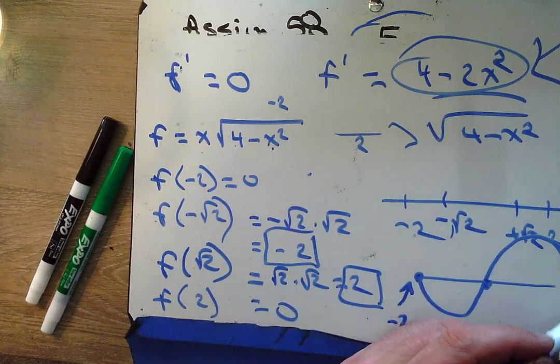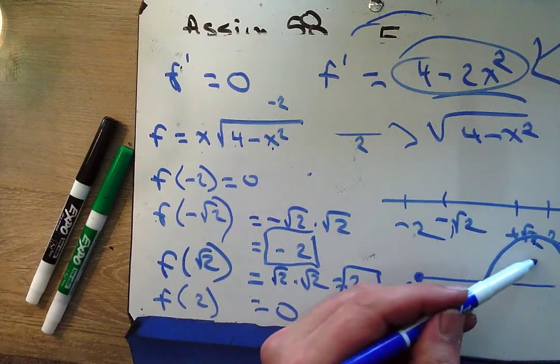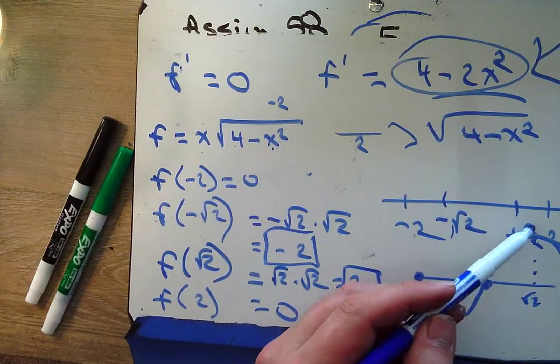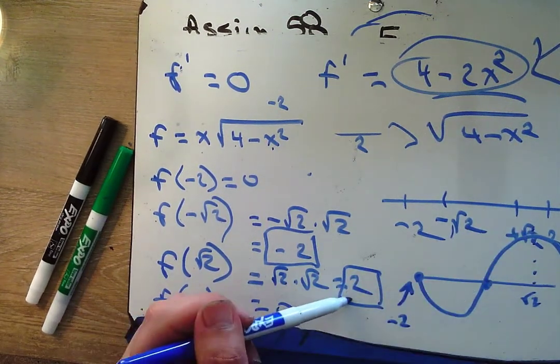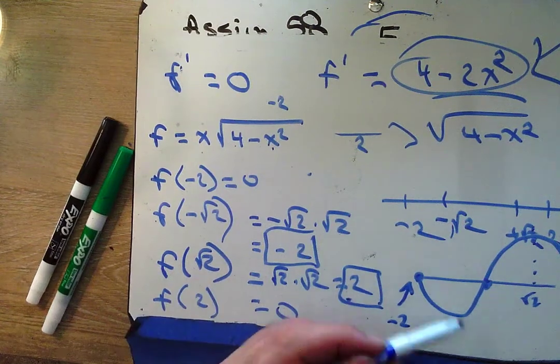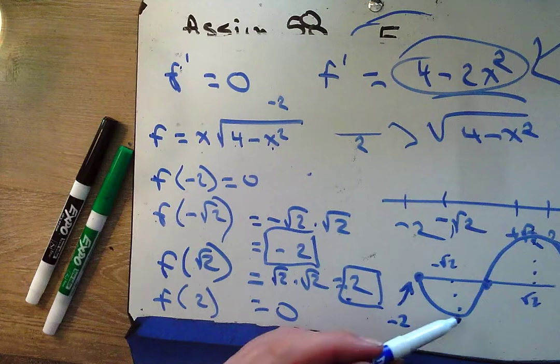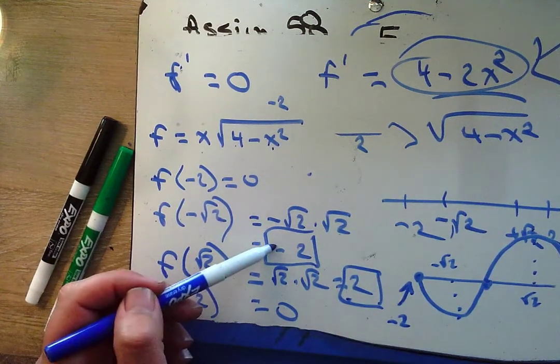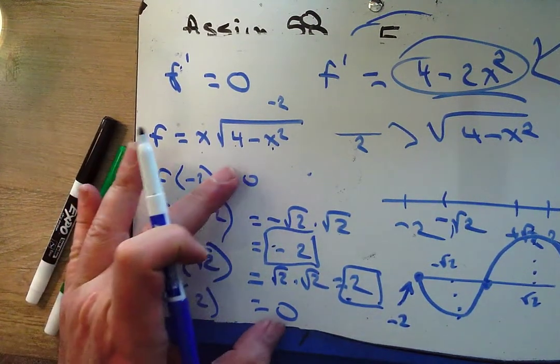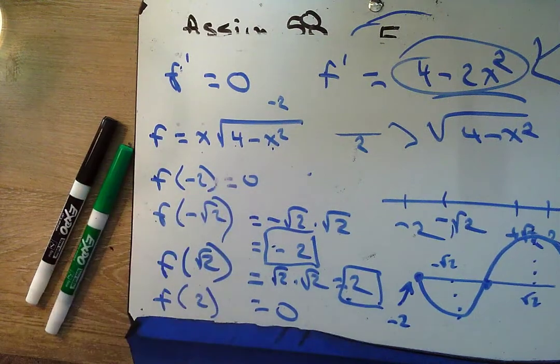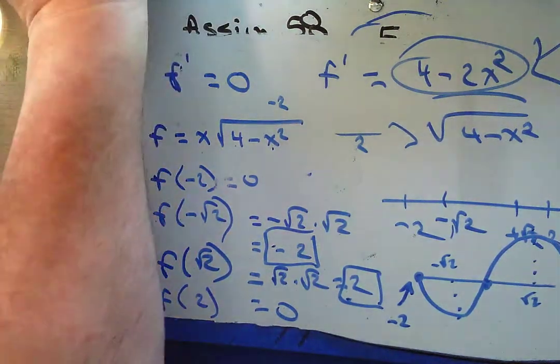Here, at positive 2, I have a min. Here, at square root of 2, I have a max, and that's consistent. And here, at negative square root of 2, I have a min, and that's consistent as well. But these, yeah, no, not yet, but it's coming.